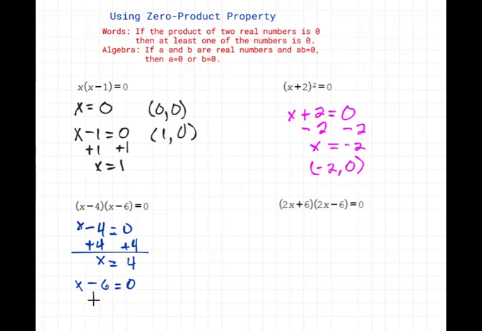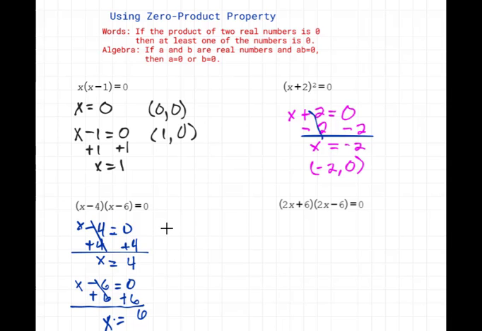Opposite operation, so add 6 to both sides. We'll cancel all of these ones. So x is equal to 6.